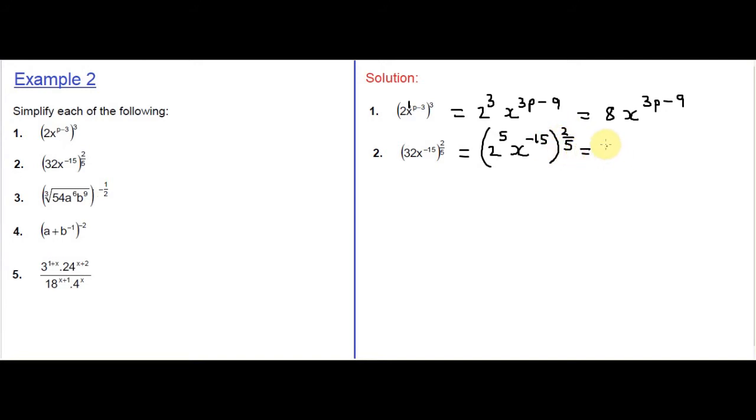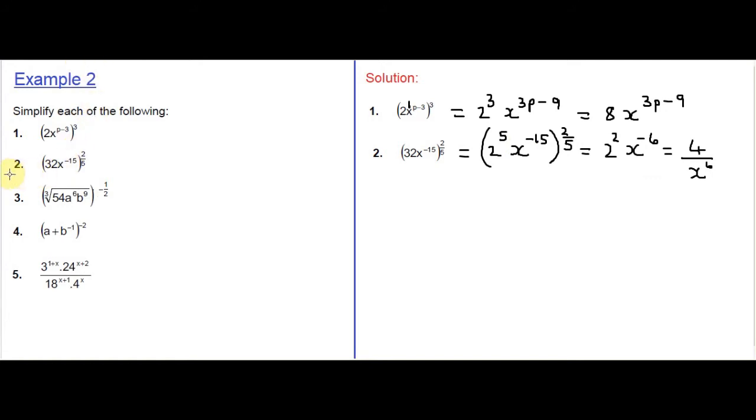Then multiplying the powers, 5 times 2 over 5, the 5's cancel, and we're left with 2 squared. Minus 15 times 2 over 5, 5 into negative 15, negative 3 times 2 is negative 6. 2 squared, of course, is 4. And we can take this one step further by taking the x to the negative 6 into the denominator as x to the positive 6.